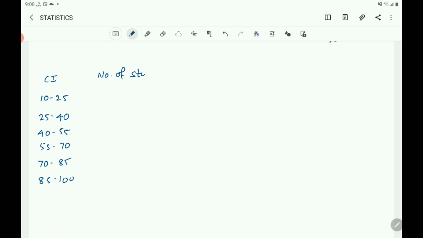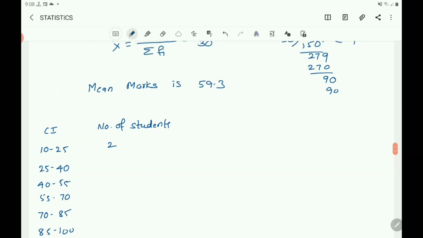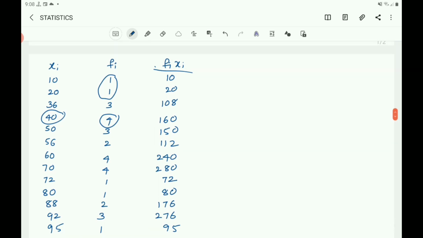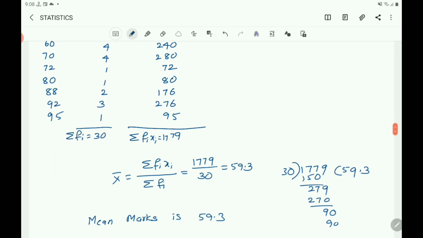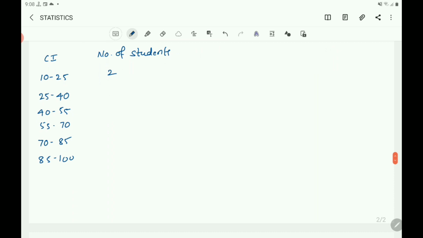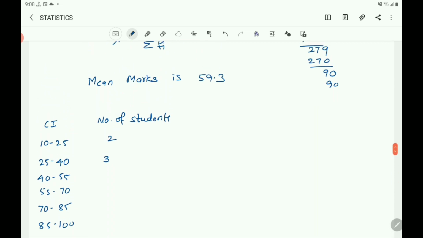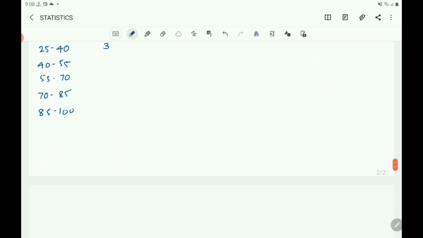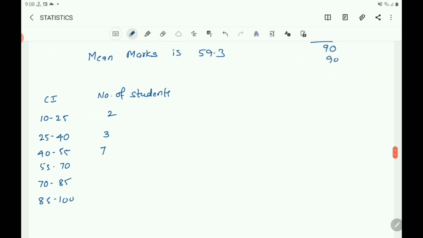Next, 25 and 40, here we have to take 3. Next, 40 and 55, you take 4 plus 3, 7.